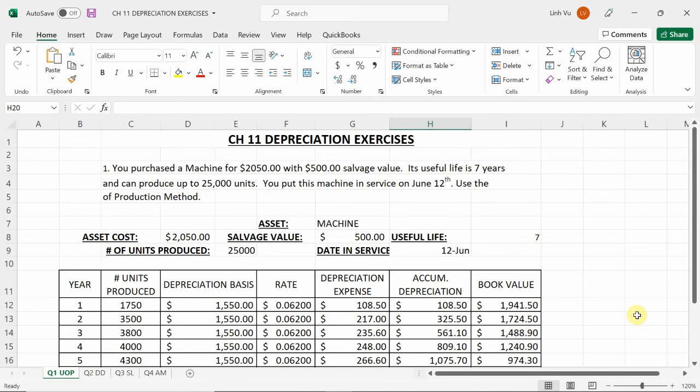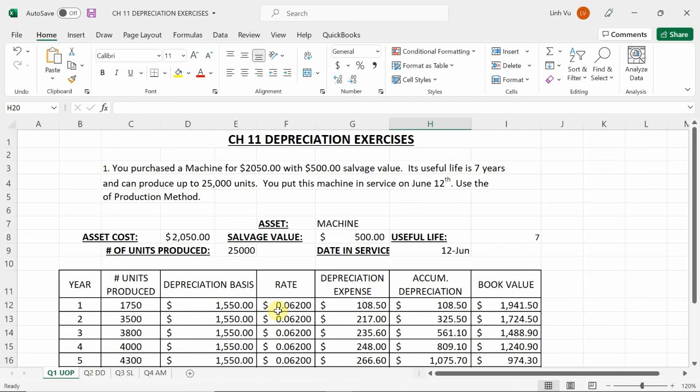So the amount that I can depreciate is 1550. In this case, I'm spreading the cost amongst the number of units that I can produce. My capacity is 25,000. That's how you get 0.062, or 6.2 cents per item.